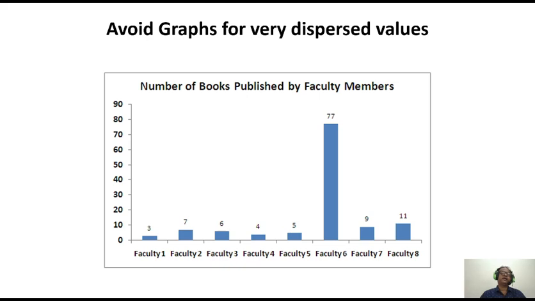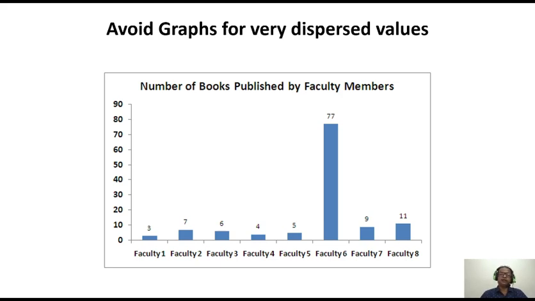Faculty number 1 has authored 3 books, faculty number 2 has published 7 books, and so on. Now, faculty number 6 might be in the habit of publishing from his very inception, maybe from his college days itself. And now, at this end of his career, he has completed 77 published books.